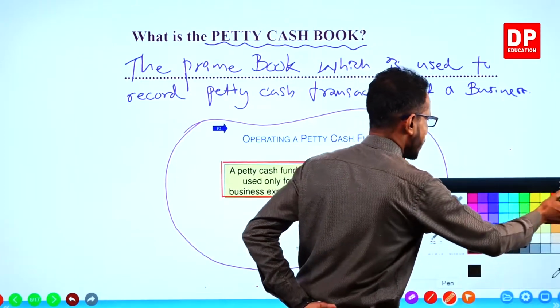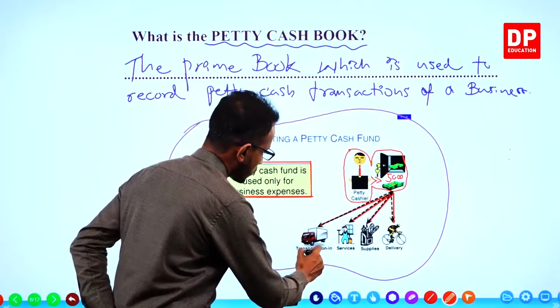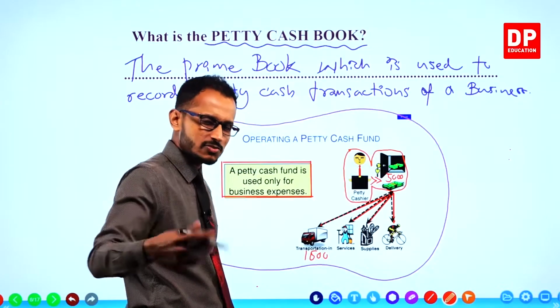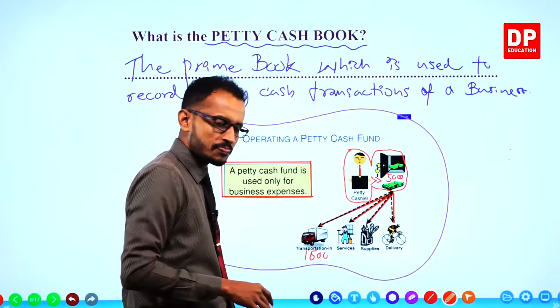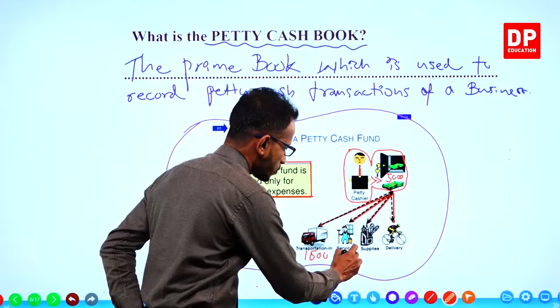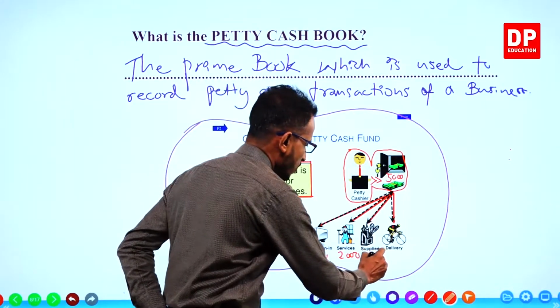Let's say during the month, he spent 1,500 for transportation, for services such as to pay laborers and these small workmen. For them, he has spent 2,000. For supplies, he has spent 500.